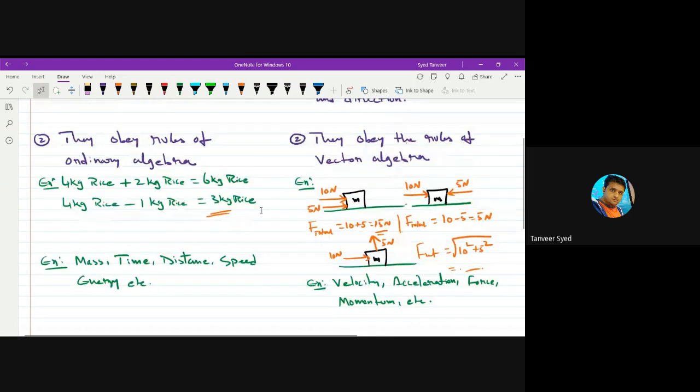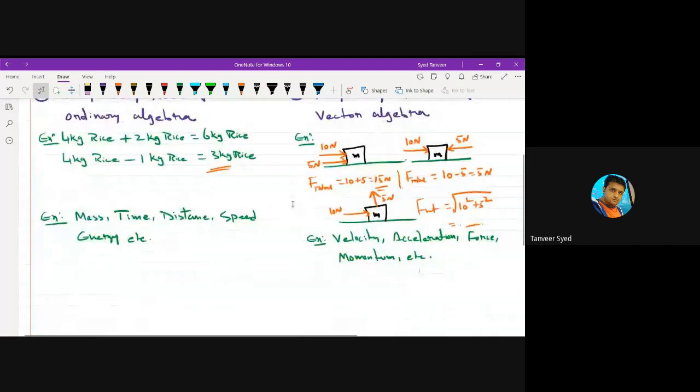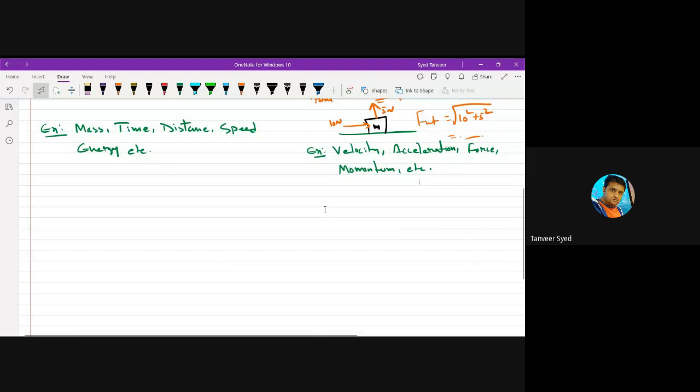Now, after understanding these differences between scalars and vectors, Harshavardhan. So direction also is a vector quantity, sir. Direction is not a vector quantity. Direction is not a physical quantity, no?